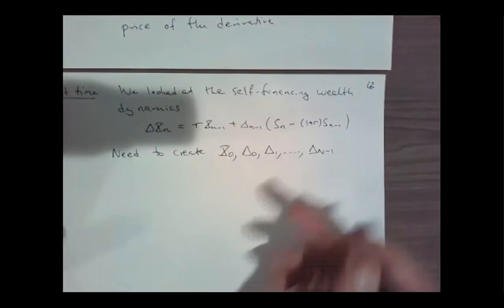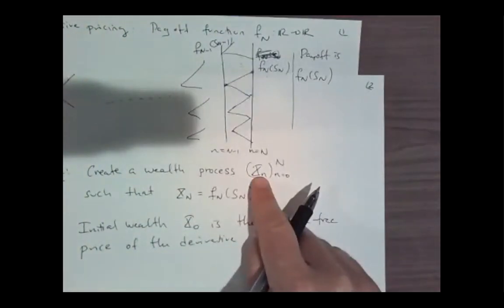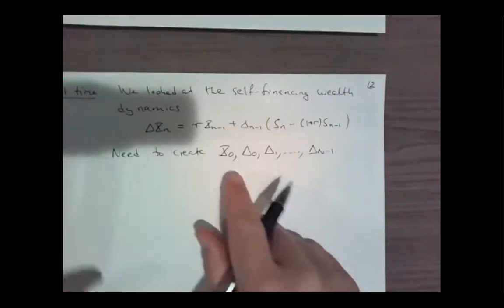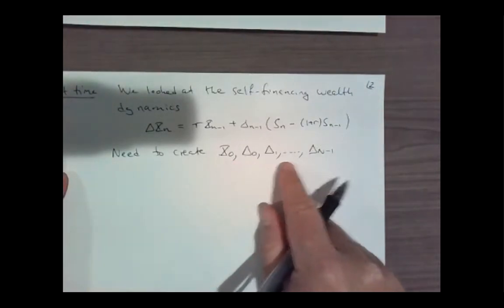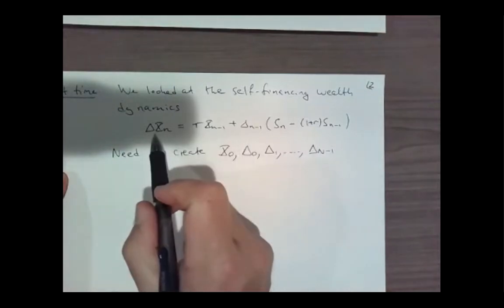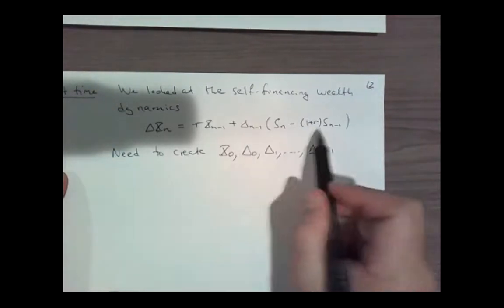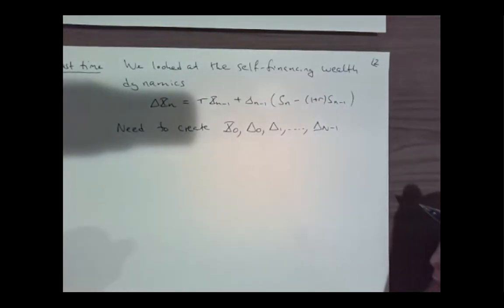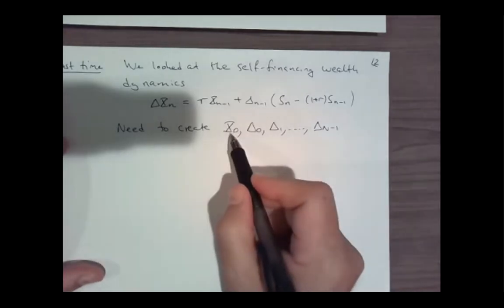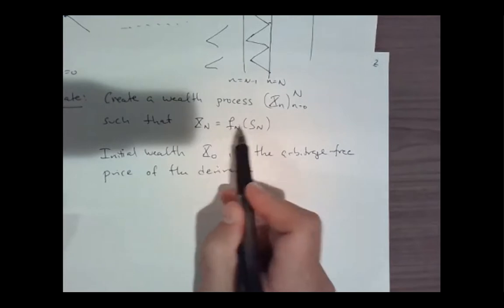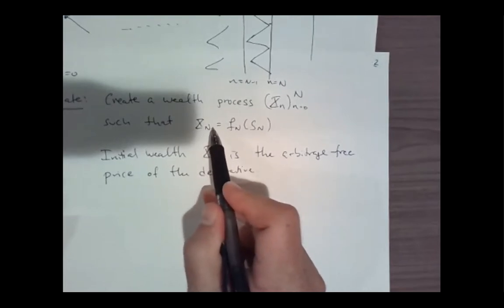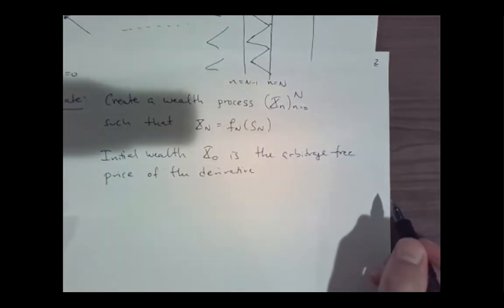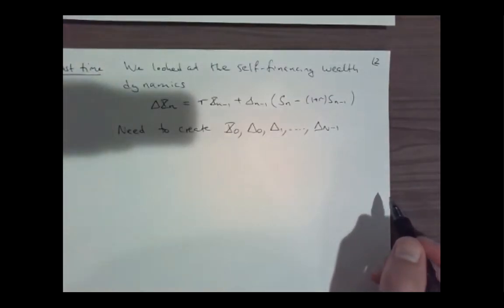What I need to do is to create the initial point and then create these deltas that go into how I get the changes in the wealth. Then I'll use this recursive formula, and this will give me how the wealth evolves over time. So the goal is to create all these elements such that at the end, I have the property that the wealth at the terminal time is exactly the payoff of the derivative. And so how do we do that?